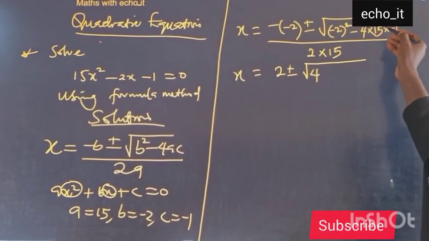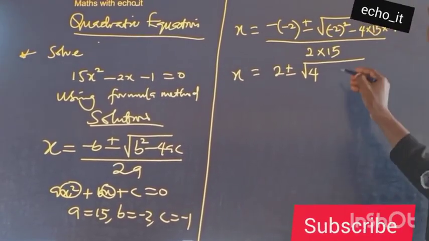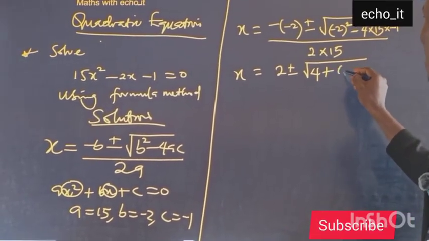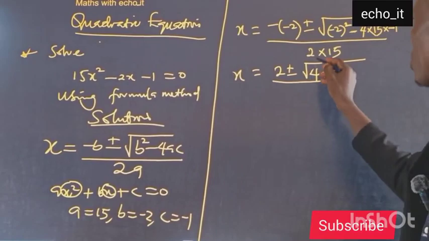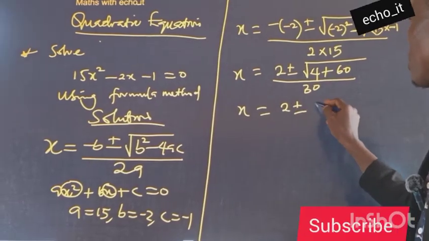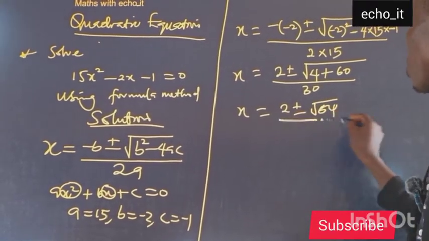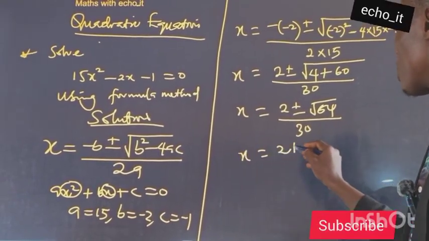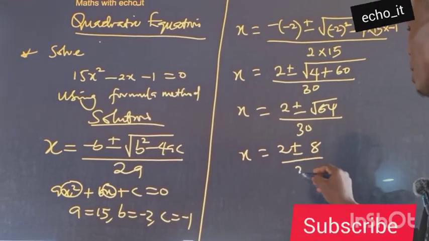Then minus 4 times 15 times minus 1: because we have minus here and minus here, that gives us plus 60. Everything over 2 times 15, which is 30. So we have 2 plus or minus the square root of 64. Someone should help me with the square root of 64. That will be 2 plus or minus 8 over 30.